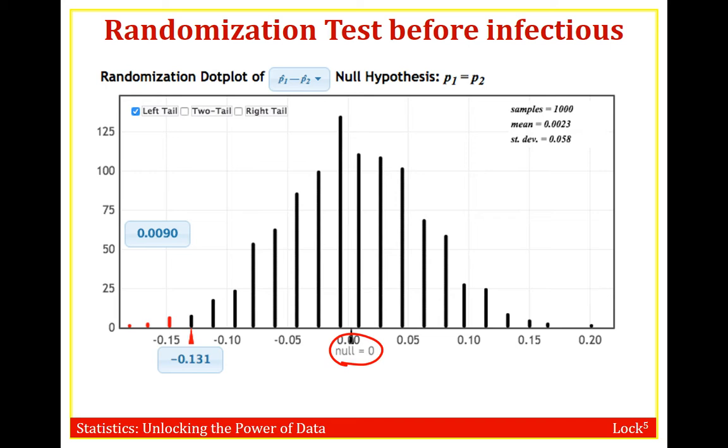However, my alternative I'm measuring is that I want to see what's happening on the left side tail. Okay, well, calculation for me with the statistic I had of, remember, negative 0.131 was that statistic we had just a second ago. So I entered that statistic into the left side tail. Remember, that's my stat that I just showed you 10 seconds ago. Go back and look at it if you need to.